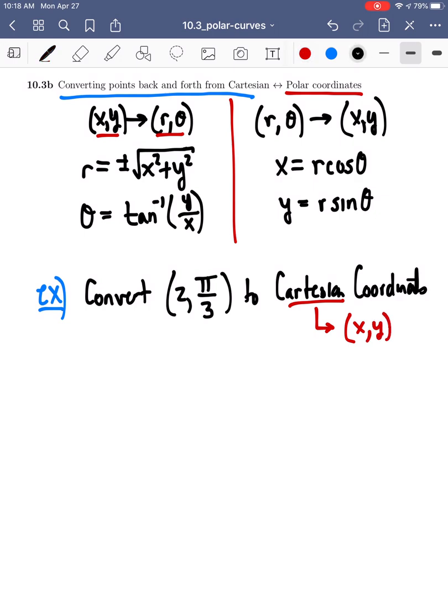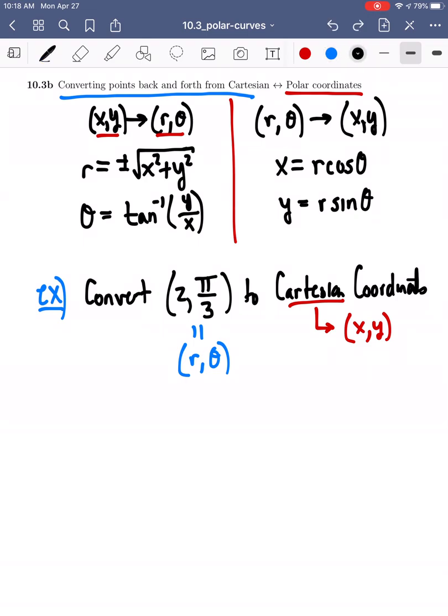So this point we're starting with is a point written in polar coordinates where we're given our r and theta values. So we can just go ahead, pop up to the situation that we have up above and figure out which side we're on. And since we're starting off with an r and theta and we want to end up with an x and y, we're sitting on the right-hand side of these transformation equations.